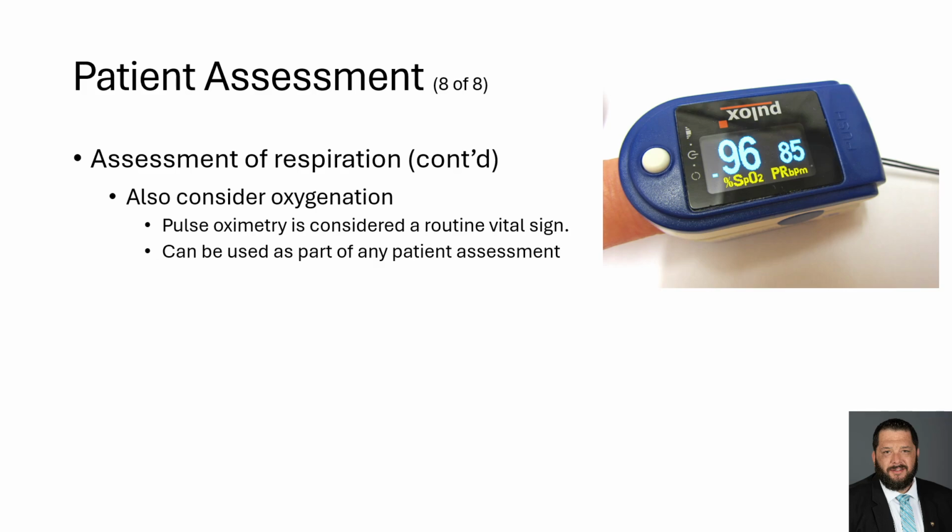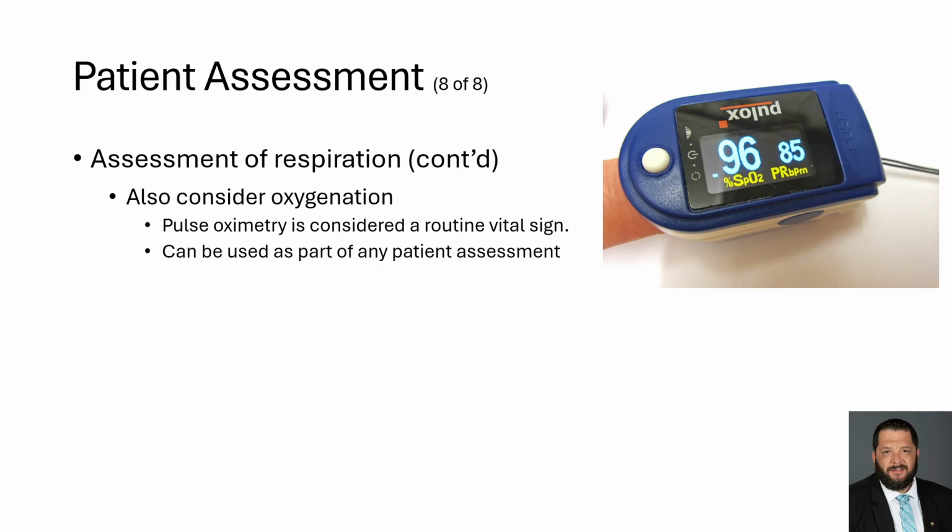One tool that we use to assess these patients is pulse oximetry. This is measuring, and if you see here on the screen, it shows as a percent of O2. That's 96% SpO2. That's the saturation percentage of oxygen. This tool is measuring the number of hemoglobin in a form of percentage that is saturated with oxygen molecules at the capillary.